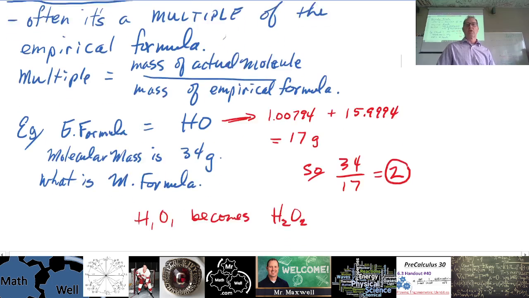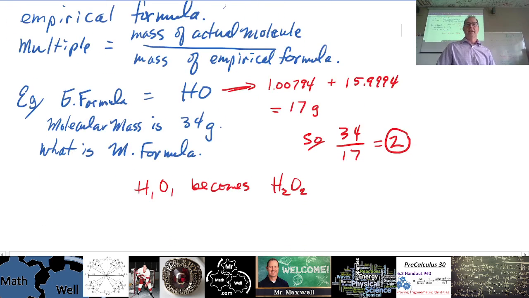So an example I'll just go over real quick here. If we had an empirical formula of HO, H1 and an O1, and the molecular mass of this actual compound would be 34 grams per 1 mole, then what you would do is add up hydrogen plus oxygen, like I did over here, and you would get 17 grams. That's the mass of the empirical formula.